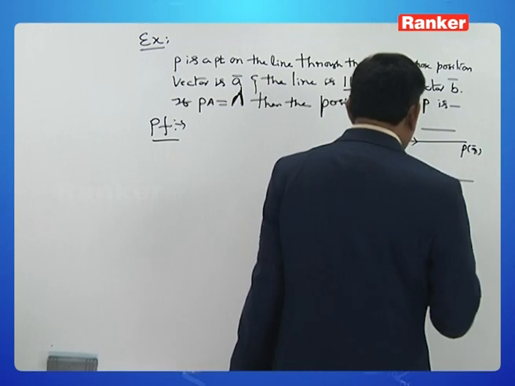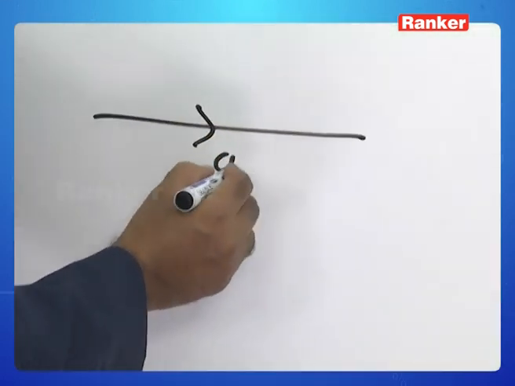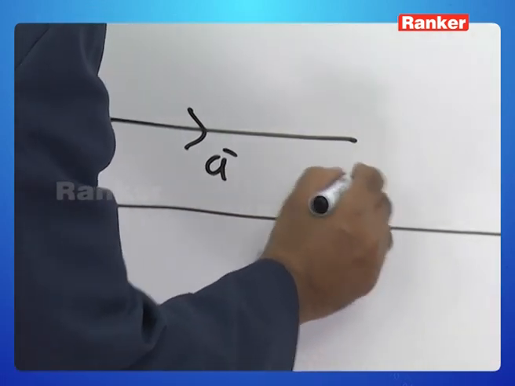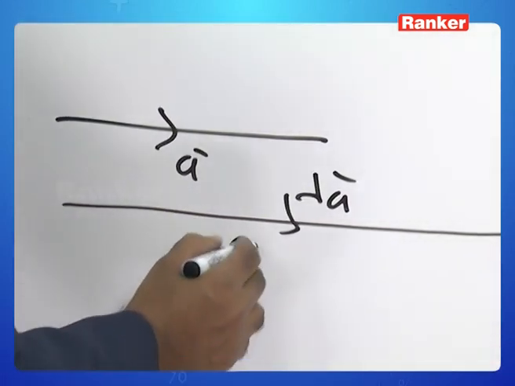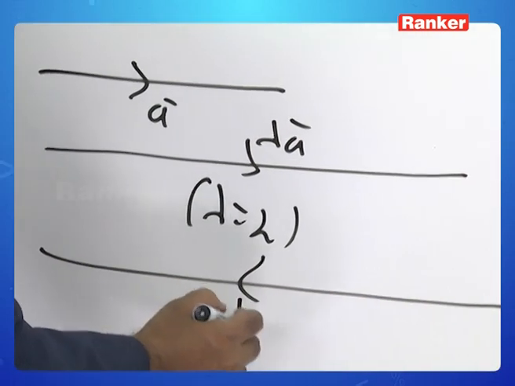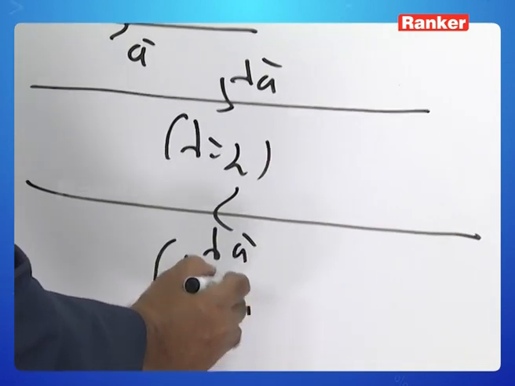For example, this is a bar; this is lambda a bar, where lambda may be 2. This is also lambda a bar, but lambda is minus 2.